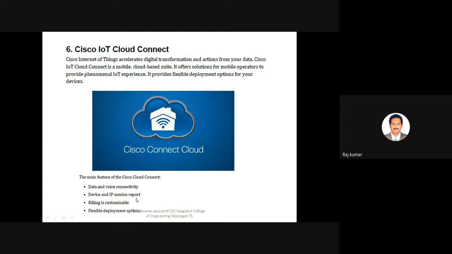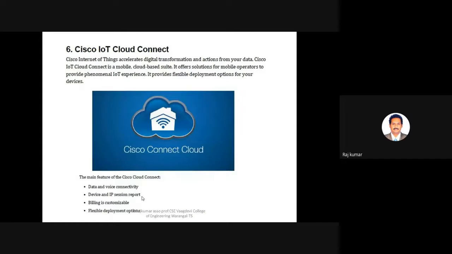Internet protocol session report. That means how much time a device has been communicating with the server at the cloud side of the Cisco. And here billing is customizable. That means you have to pay for what you have used, not like a fixed price.